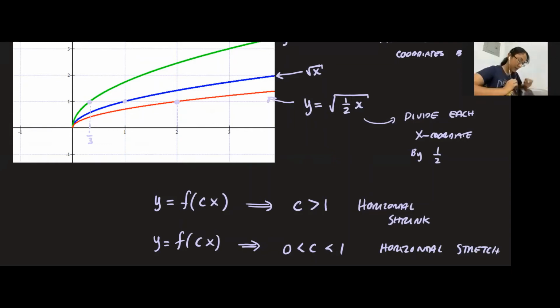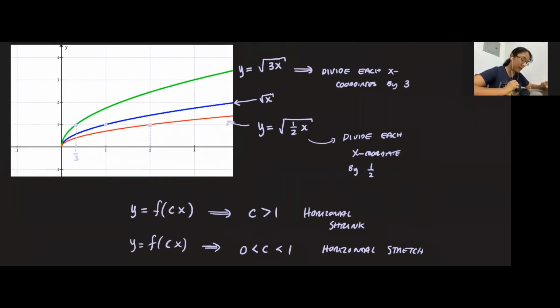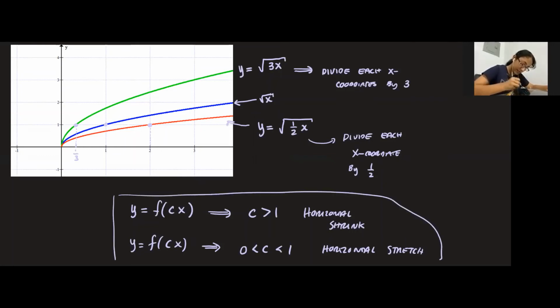As we saw in the example above, when we multiplied the input value by 3, we got the graph shrunk to 1/3 for the x coordinates, represented by the green graph. And when we had the graph square root of 1/2 x, we stretched the x coordinates by 2, so we have the red graph. So these two are the basic definitions for horizontal stretch and shrink.